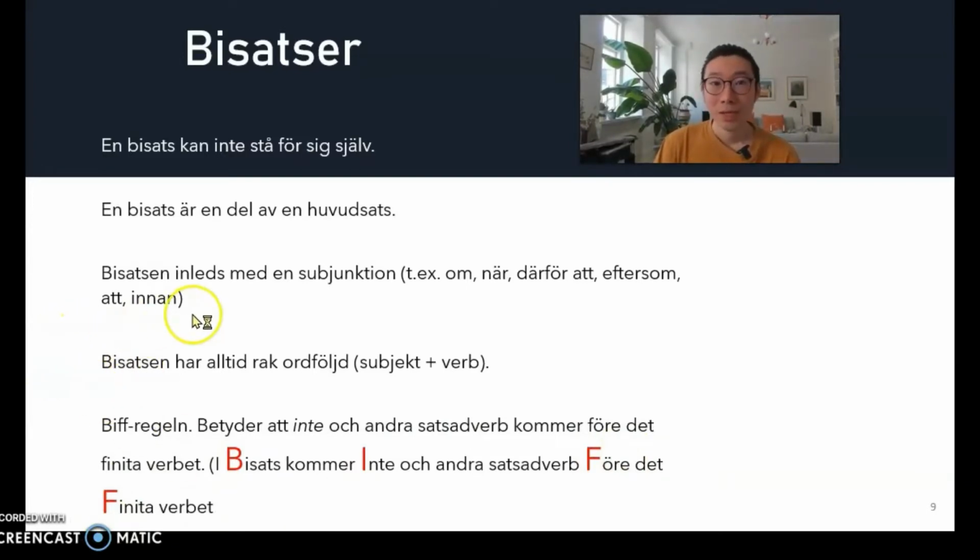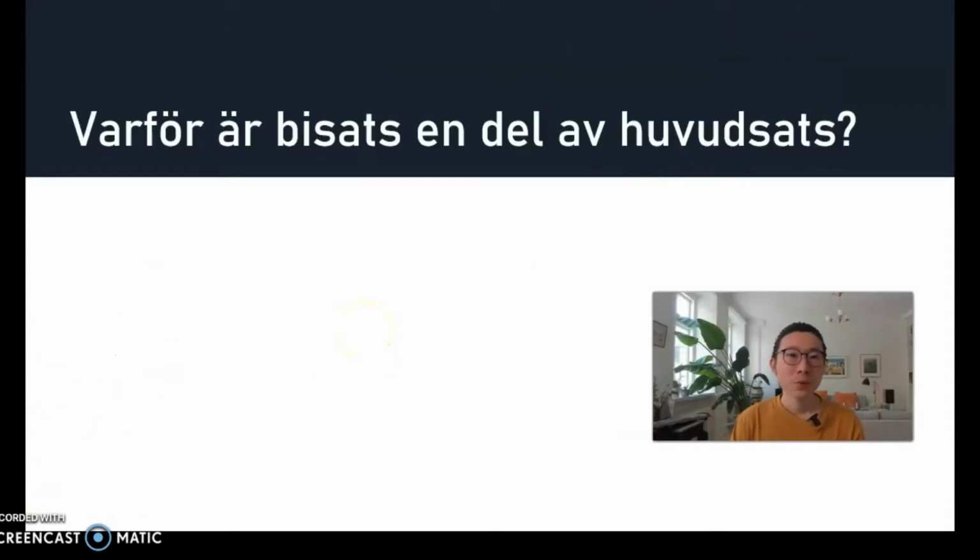Nu ska vi gå igenom några exempel. Låt oss börja med att fundera över varför bisatsen är en del av huvudsats. Let's begin with thinking about why the subordinate clause is a part of the main clause.